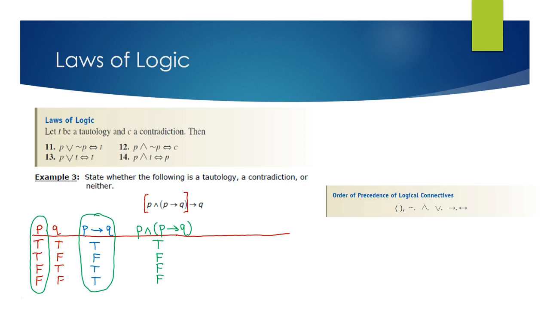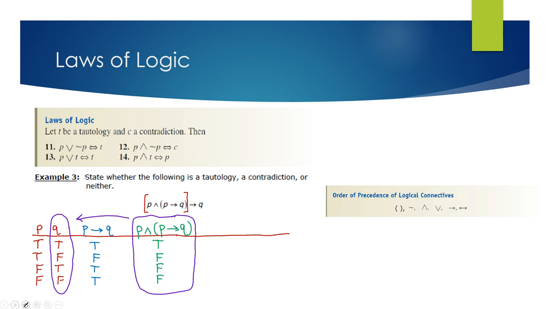Now I want to see what happens with Q. This right-hand side is my hypothesis, and this is my conclusion. Remember that an if-then statement, which is what this is here, is only false if the hypothesis is true and the conclusion is false.